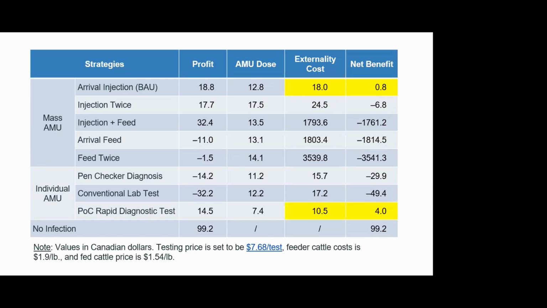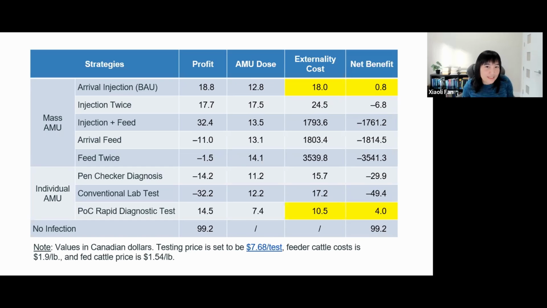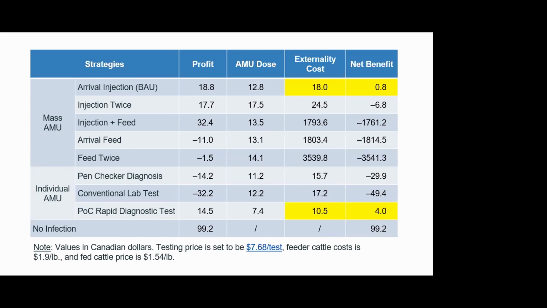No, we just use a single unit cost per injection. We assume it's going to be a large feedlot. So we didn't take into account, for example, that a larger feedlot versus a small feedlot might have different labor cost. Okay.